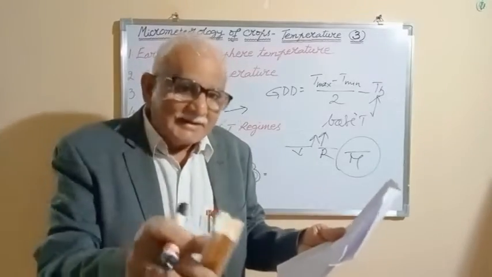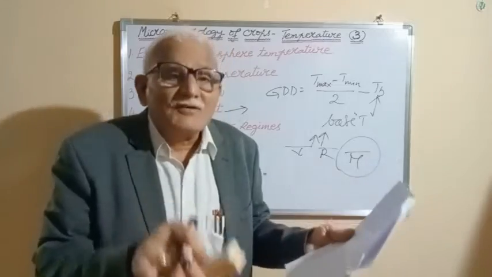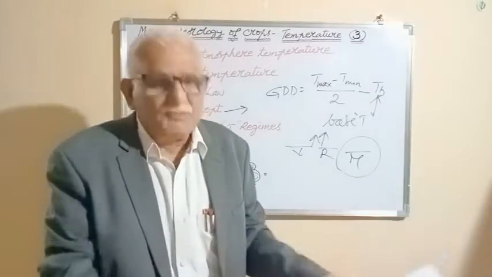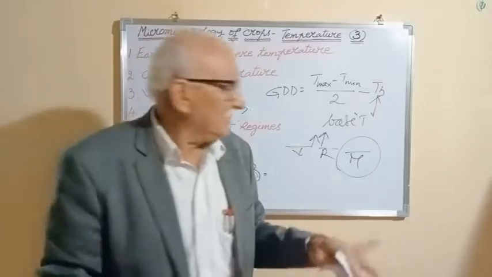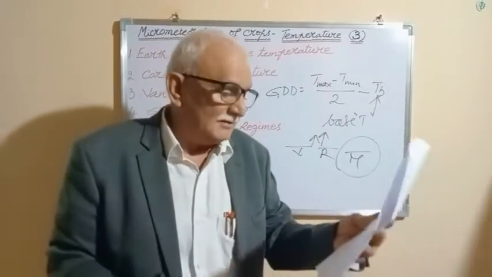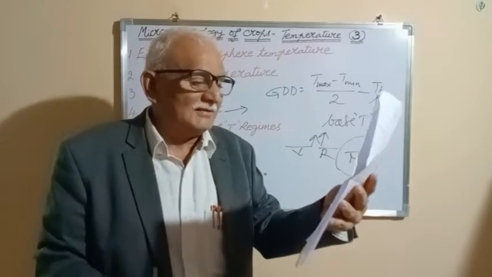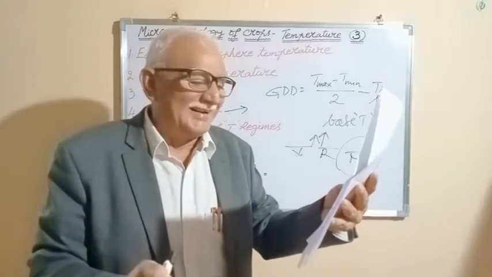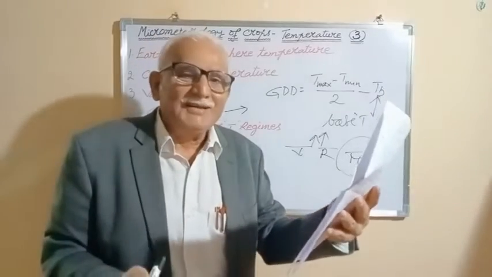Number two, please write another important point. Senescence of leaves occurs late. Senescence means falling of the leaves after the maturity stage.